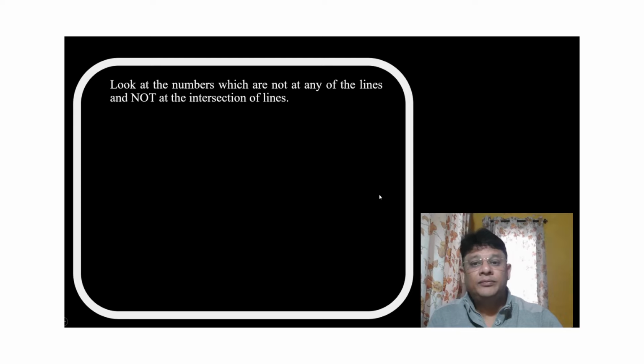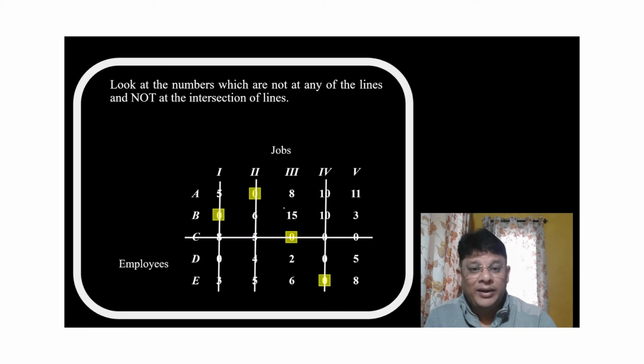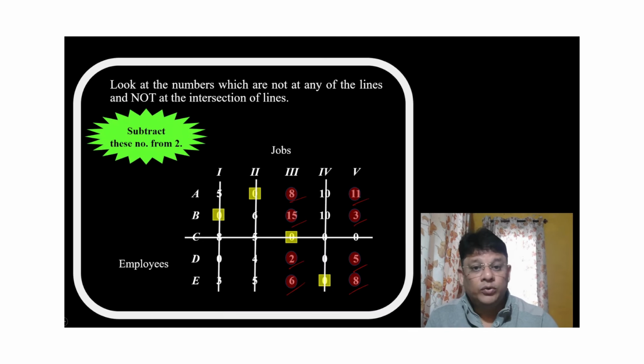And then the numbers that are not on the line, you have to subtract from these numbers, right? So this 8 will become 6, this will become 13, this will become 0, this will become 4, this is 9, this is 1, this is 3, and this 8 is 6, right?